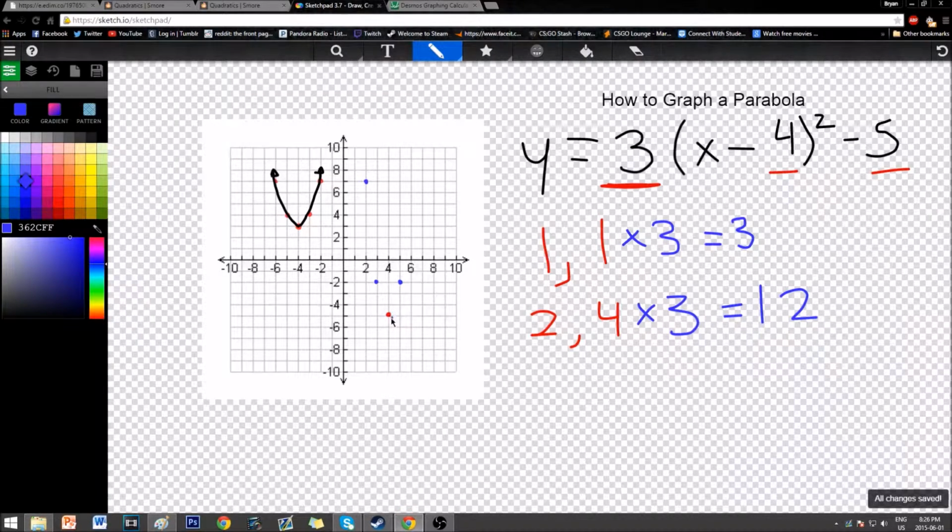And then again on the other side, over 2 and up 12, so right about there. Then let's simply connect the arms of the parabola to the vertex, like this, and like this. It's a little messy, but you get the gist of it.